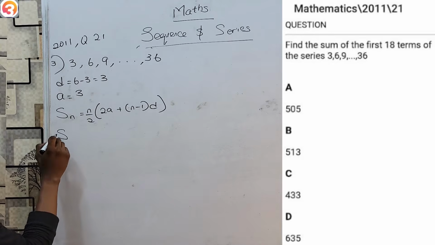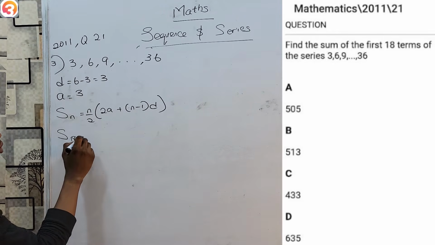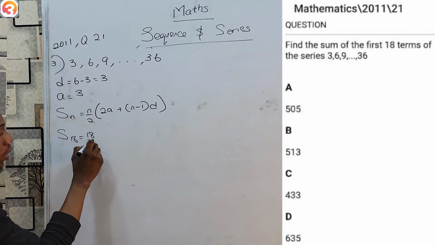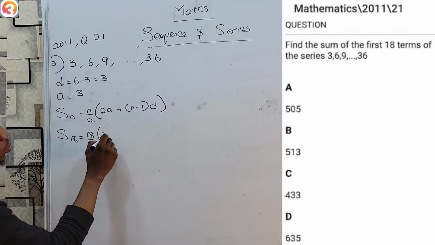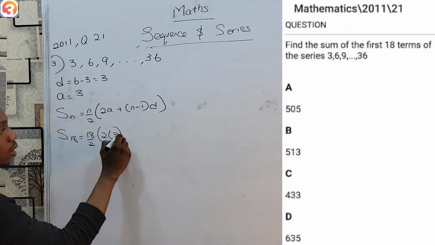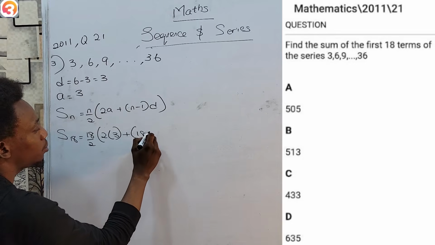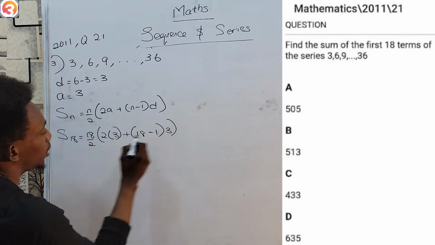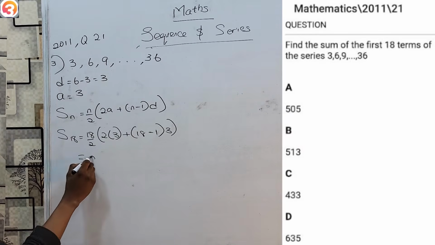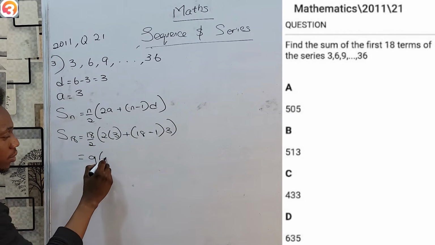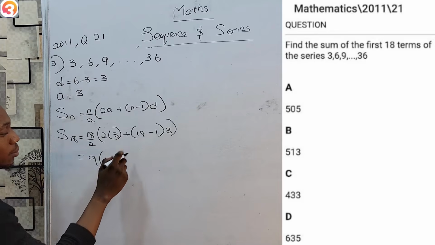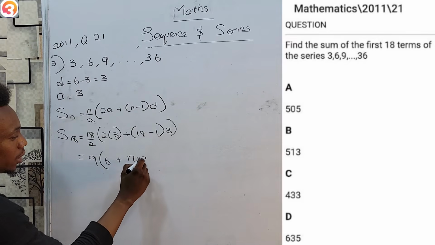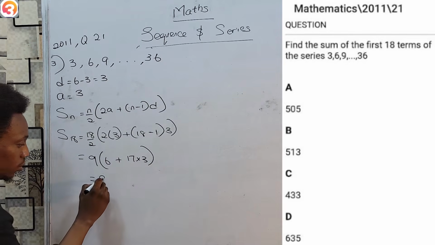And as such, S18 as required will be 18 over 2 into 2 times a, which is 3, plus n, 18 minus 1, times d, which is also 3. 18 over 2 is 9, 2 times 3 is 6, 18 minus 1 is 17, and that's multiplying 3.